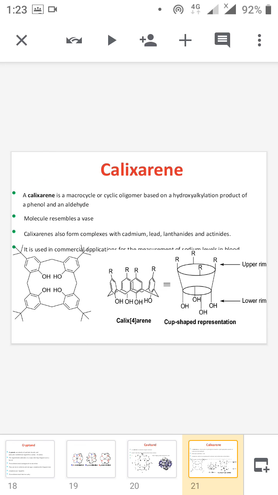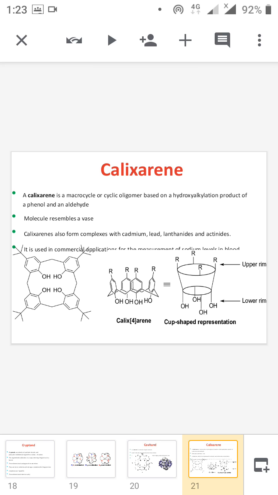Now the next molecular receptor is the calixarene. Calixarene is a macrocycle or cyclic oligomer based on the hydroxyalkylation product of phenol and an aldehyde. So the molecule resembles a vase.